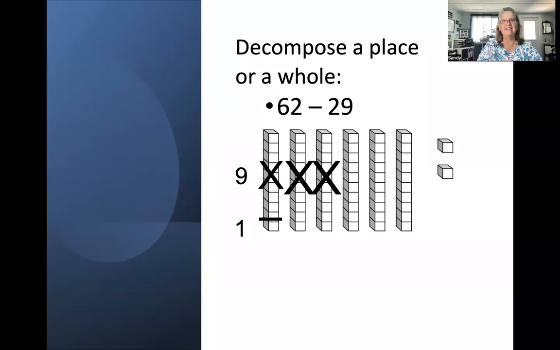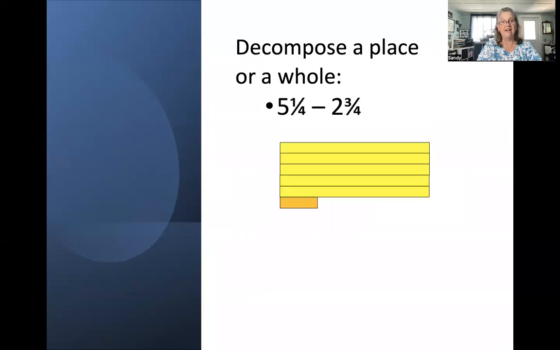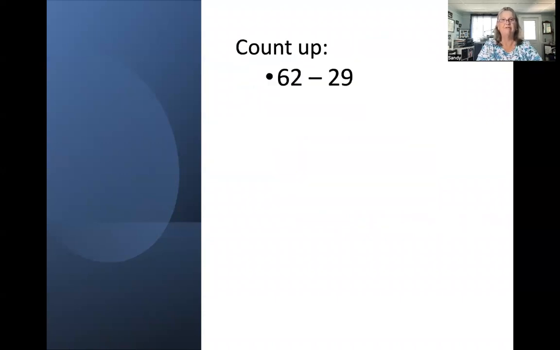Cross out that 9, I have that 33 left. Still works for fractions, right? If I have my 5 1/4, I can remove 2 wholes, separate or decompose a whole into 4 1/4 pieces, cross out 3 of them. I'm left with that 2 2/4.